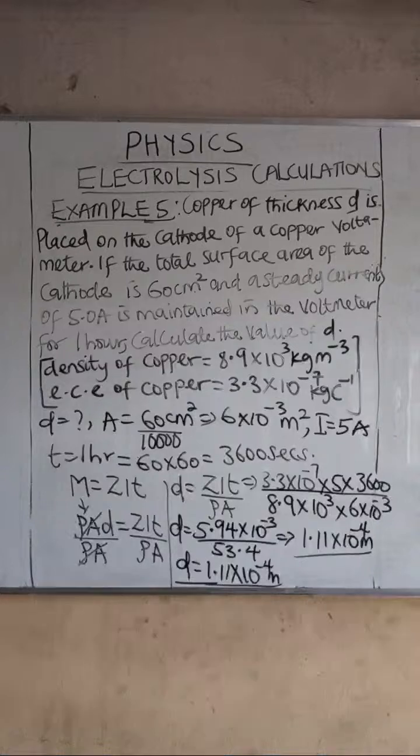Ephraim George, you got 0.0054. Check it again. Work on your powers. Once you make a mistake on your powers, you're going to get a different thing, okay? Work on your powers and see if you're going to get the same as what I got on the board, okay? And make sure that your calculator is in degrees.